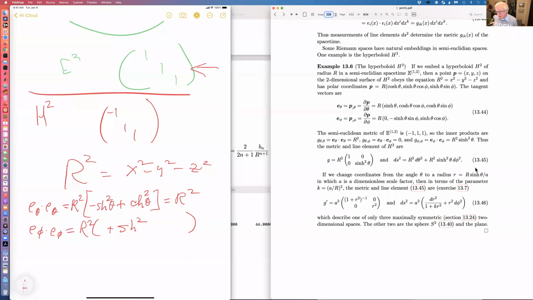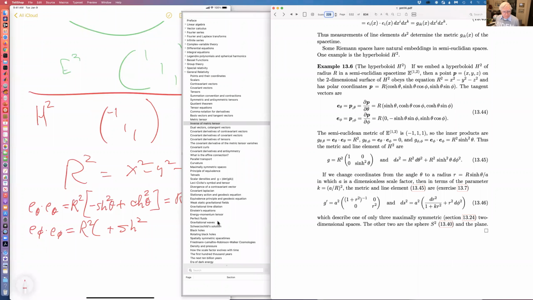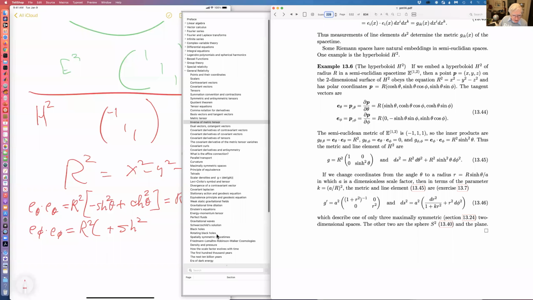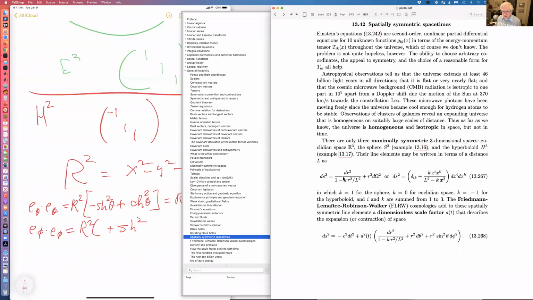Now, once again, if you change variables from theta to little r, you get an expression like this. And this, of course, is just like the case k equals -1, the open universe case.